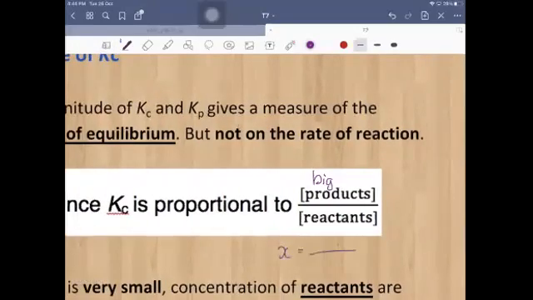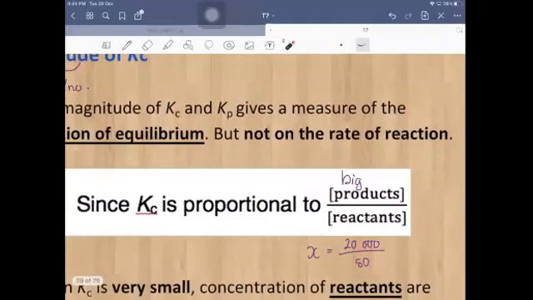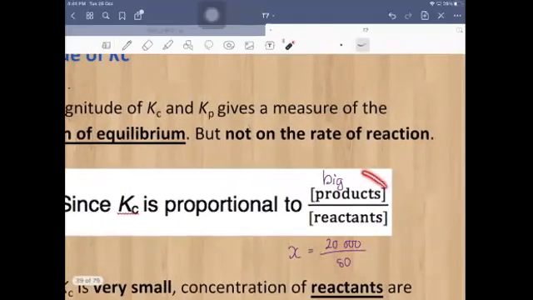If we just take like 20,000 over 50, the top number is bigger than the bottom number, so I know that X will be something big, right? It is the same case here. If my products are big, my Kc would be big. At least it's bigger than 1 since it's a fraction.